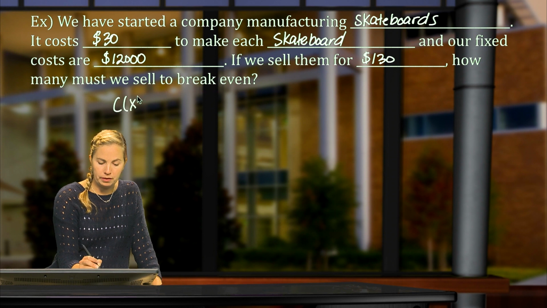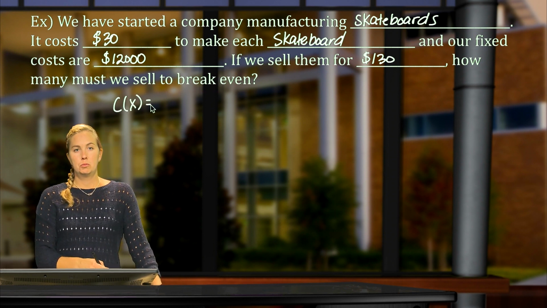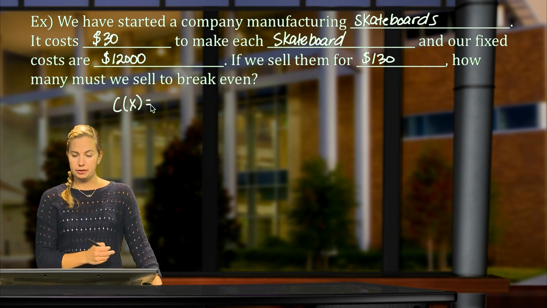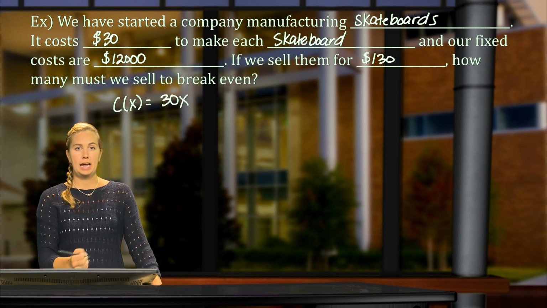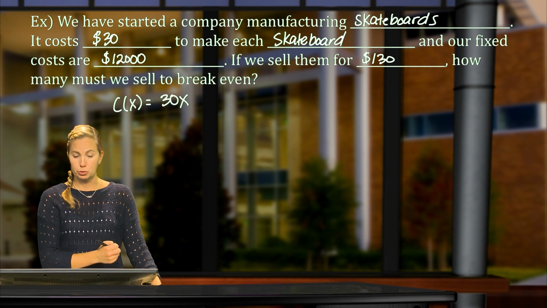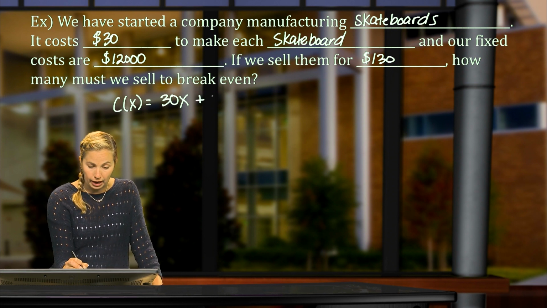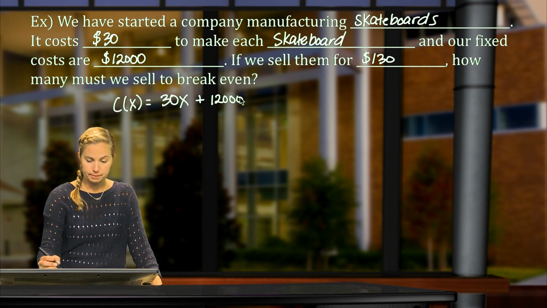First, we want to come up with our cost function. What are the costs for making these skateboards? Well, each one is $30, so 30 times x, where x represents the number of boards we're making, plus we have our fixed costs of $12,000.